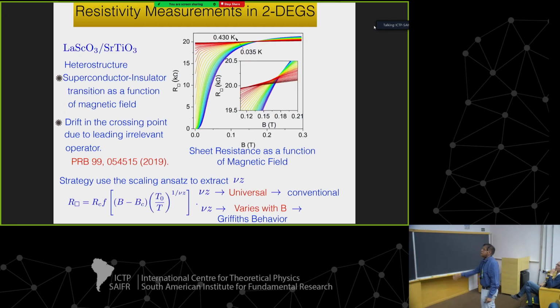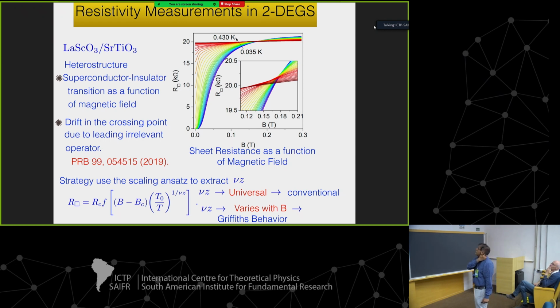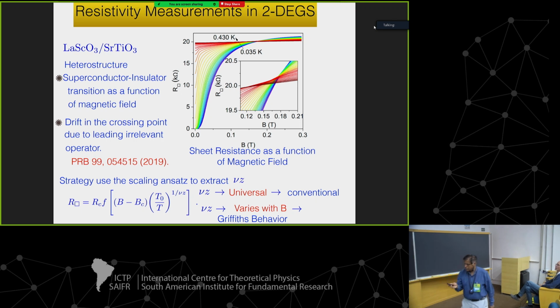So let's go back to this very nice experiment that Avik and Simran have done. This plots the sheet resistance as a function of the applied magnetic field. Immediately you see something very, very interesting here. If you blow up the region where the curves cross, it's very clear that the crossings don't happen at a single point.